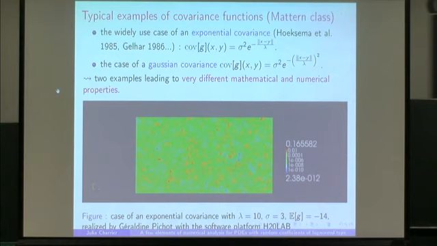So the second choice is Gaussian covariance.